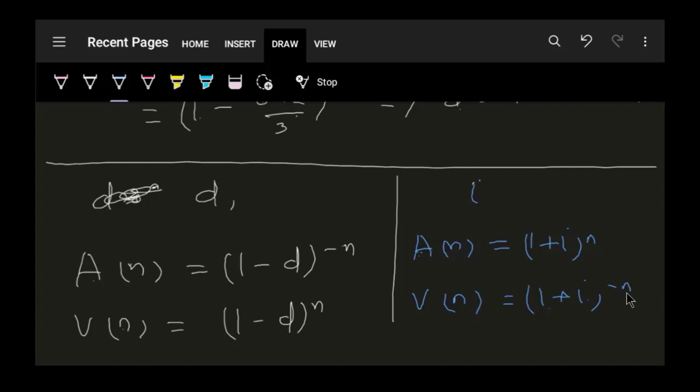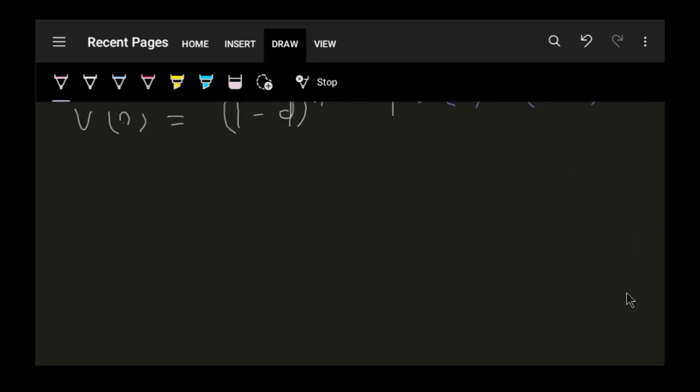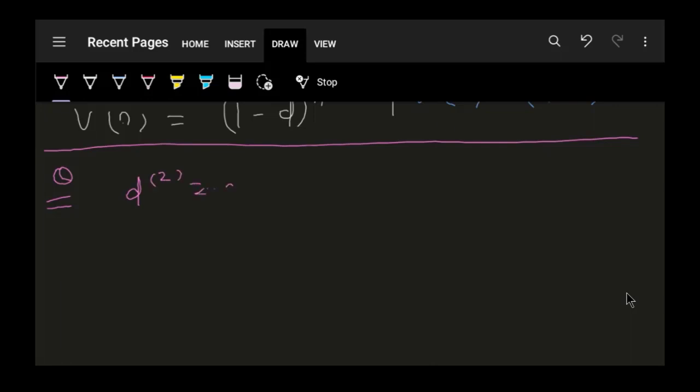Now we will do one question to apply the concept again that we have learned. This question is given on page number 11 of chapter 5 in CM1. In this question we are given D2 is 8%, and we have to calculate the accumulation of 500 rupees at the end of 3 years.